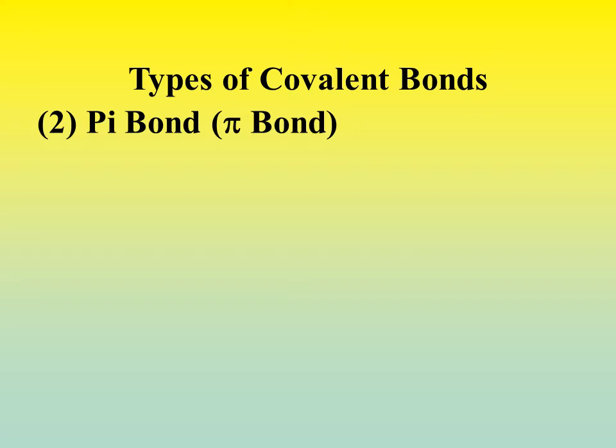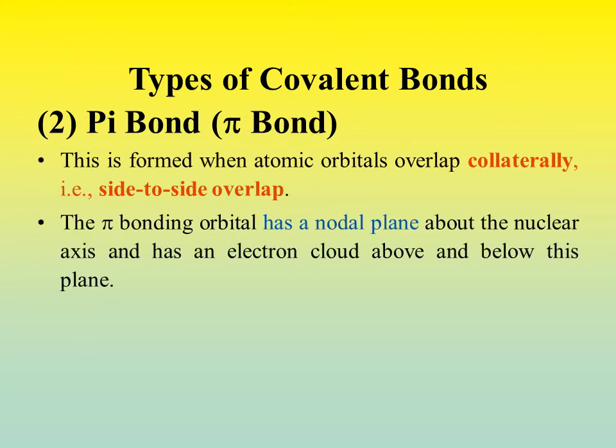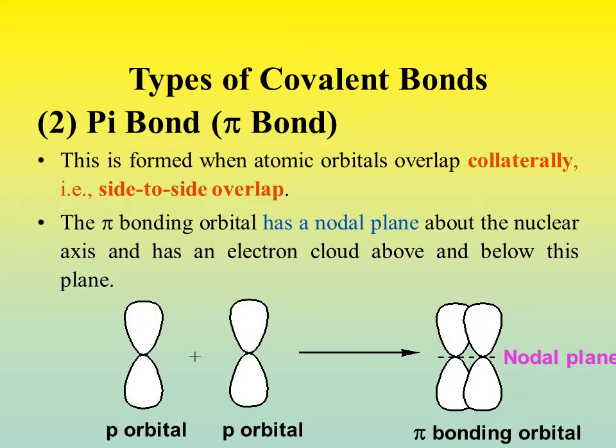Having looked at the different types of sigma bond, let us now look at the pi bonds. The pi bonds are formed by the side-to-side overlap of the orbitals. In this diagram, we see two p orbitals overlapping each other to form the pi bond.